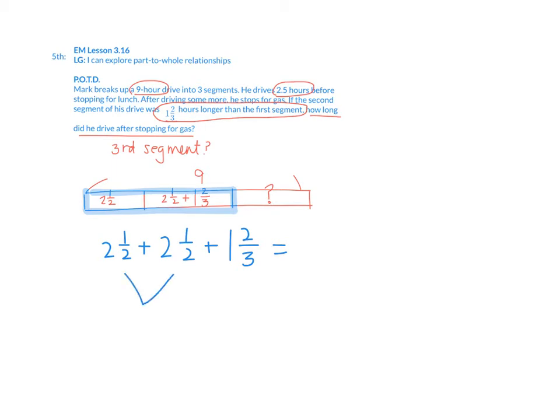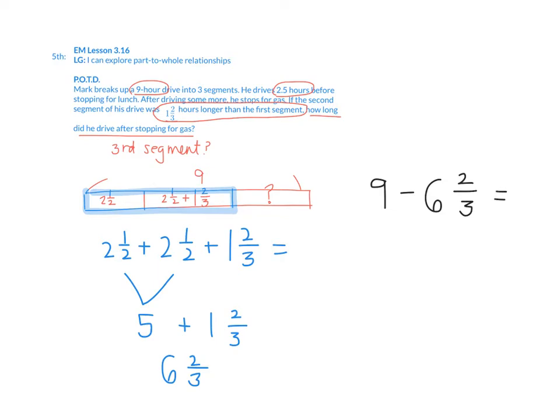Yeah, we know that 2.5 plus 2.5 is? 5. So this is 5 plus 1 2/3. Hey, I can do that in my head, can't I? What does that equal? 6 2/3. Very good. So then I just have to take my whole drive, which is 9, and I take away the part that's already been done, 6 2/3. And then I should be able to find out how much is left.